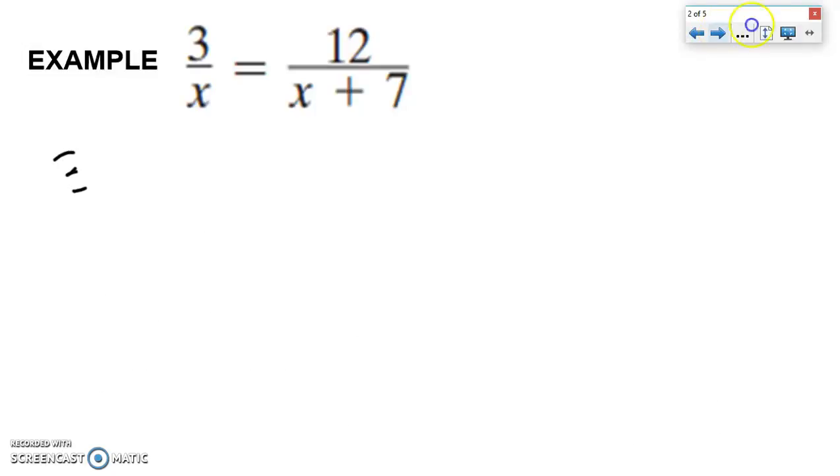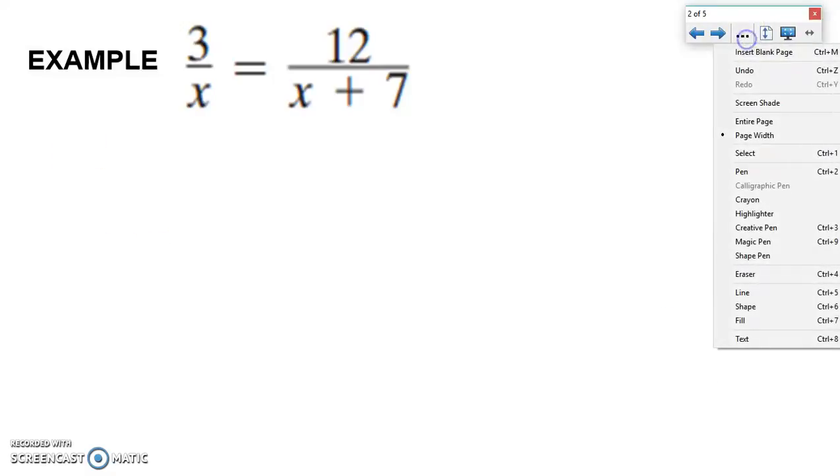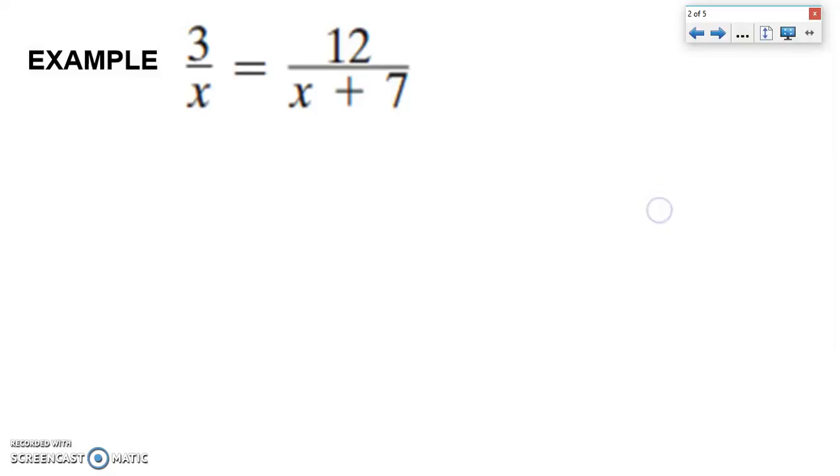So here's the first example that we've got. And you'll notice that these two fractions are as simplified as they can be. So I'm going to multiply both numerator and denominator on both sides of this equation so that I can get rid of the fact that I'm dealing with fractions.